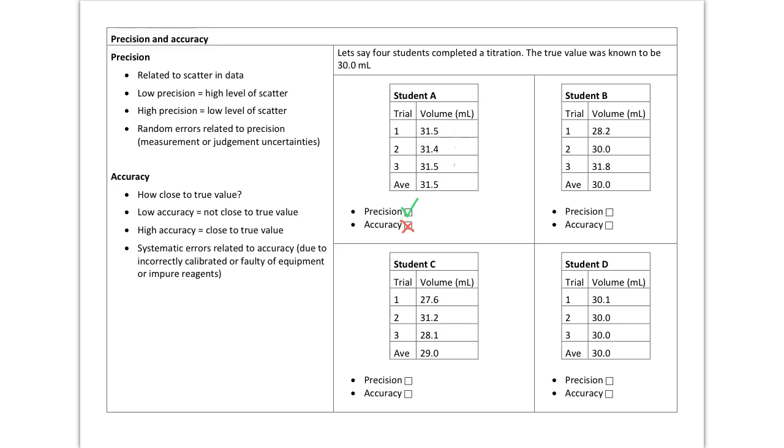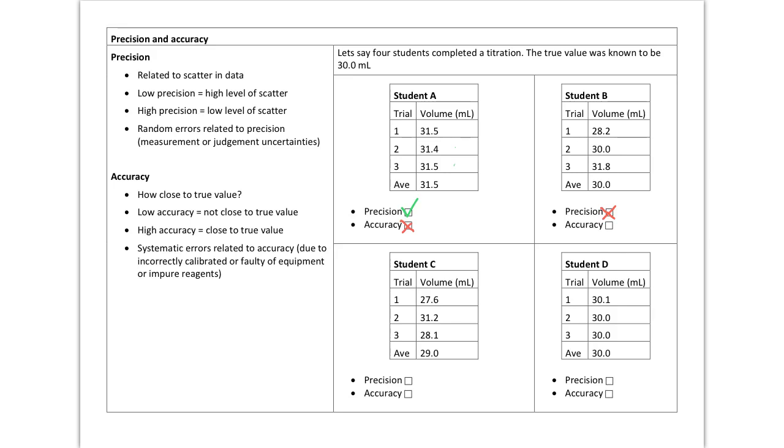Let's have a look at this student here. 28.2, 30.0, 31.8. So that's a lot of scatter. They are well past within 0.1 mil. From top to bottom, there's almost 4 mil. So this person was not very precise.